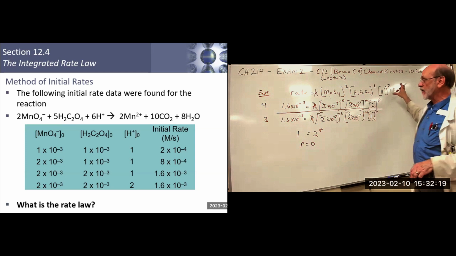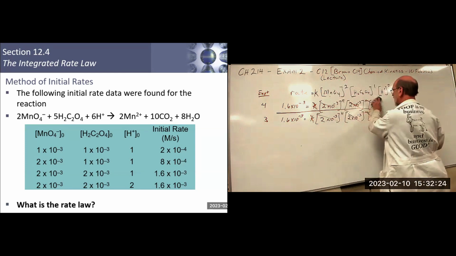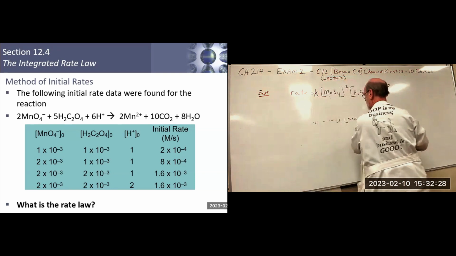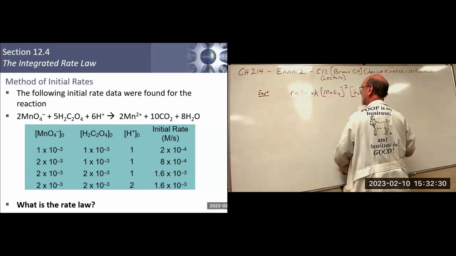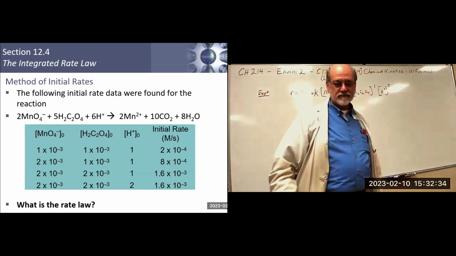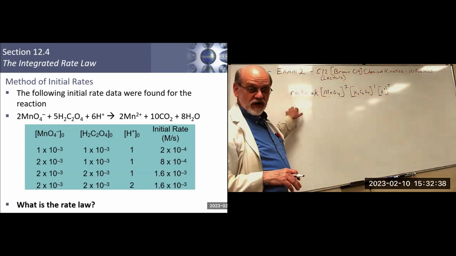Okay, so now we have our rate law, except we don't know what K is yet. So how do you find K? It's really very simple. Just take one of those experiments, plug in the values that you do know.